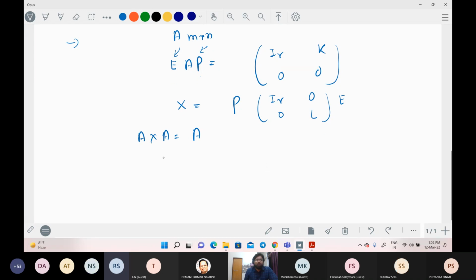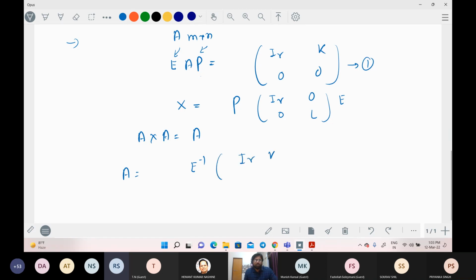From this expression, if I write this as one equation, A can be written as E inverse times [[I_r, K],[0, 0]] times P inverse. We know that elementary matrices are non-singular matrices, right?